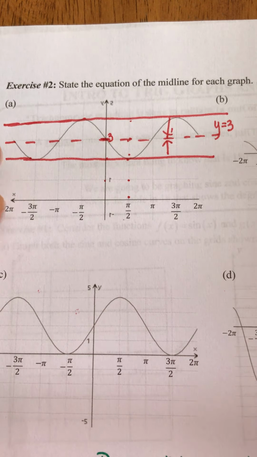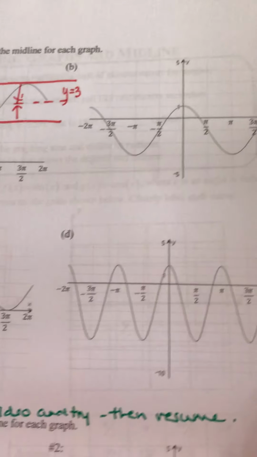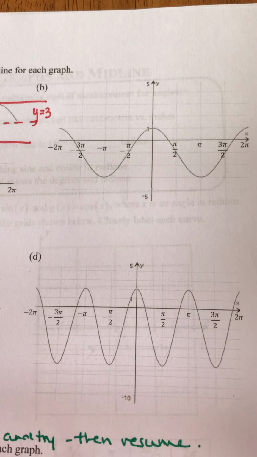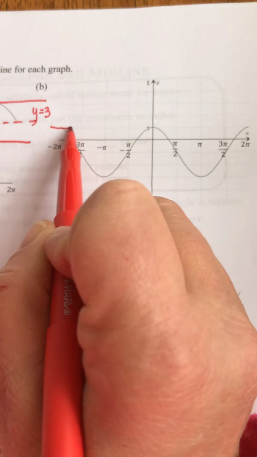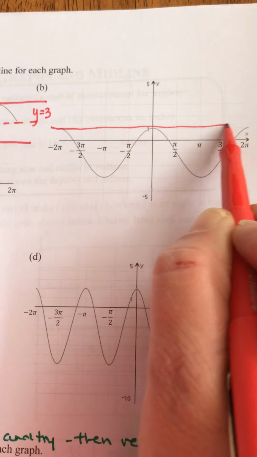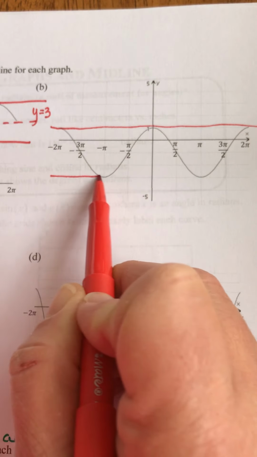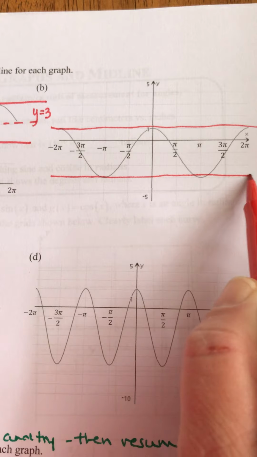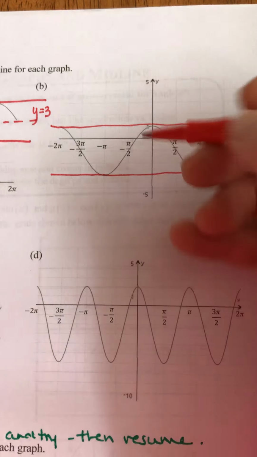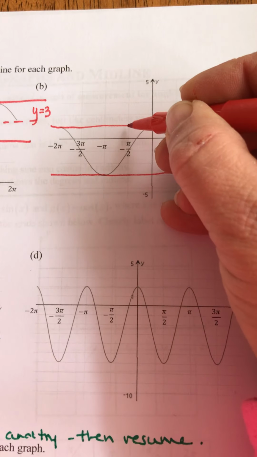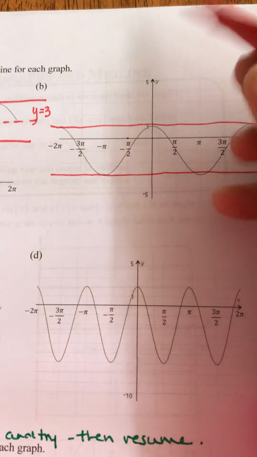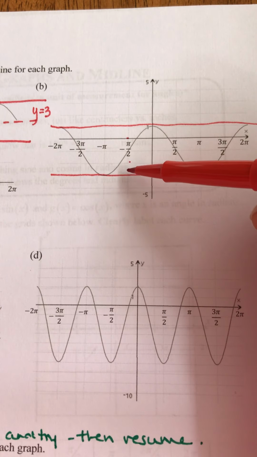Okay, let's do another. This one right here. So we're going to enclose the graph in top and bottom. So there's the top bound. Here's the bottom bound. Let's do the dotted line. So I'm going to count from the top to the bottom: 1, 2, 3, 4.